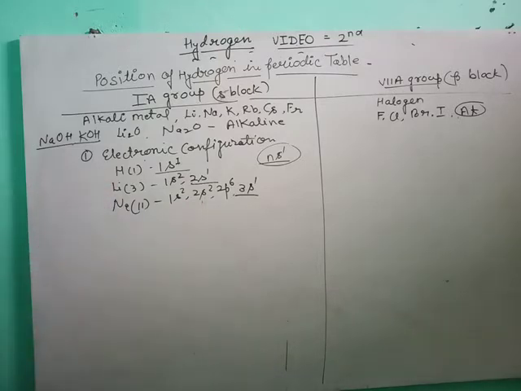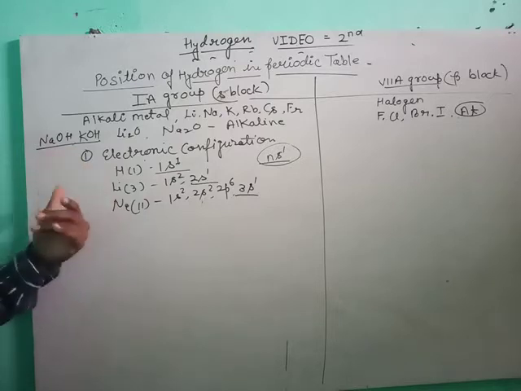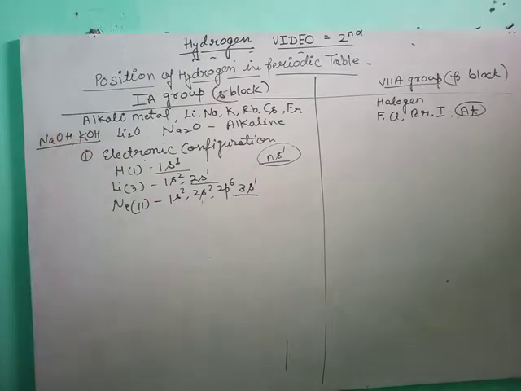So this is the main important property. On this basis we can see that hydrogen shows a similar property with the first A group or alkali metals, but hydrogen has many other properties.